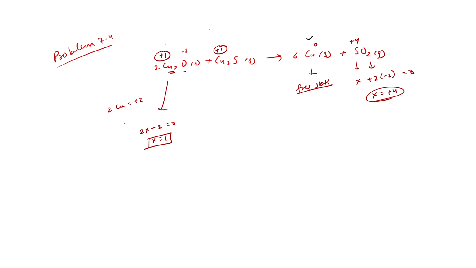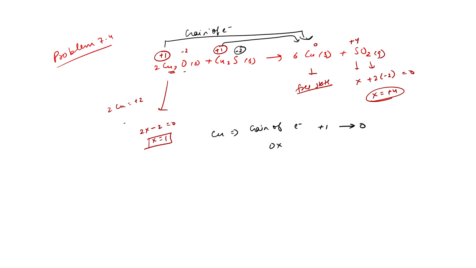The copper is gaining electrons. Sulfur is -2 here. Here also, copper is gaining electrons. So, copper gains electrons, +1 oxidation number to 0, that means reduction.